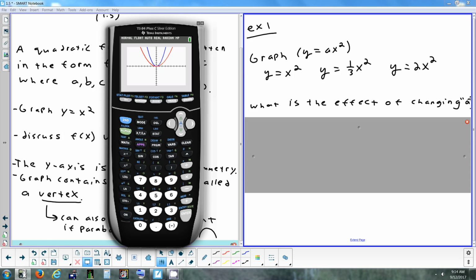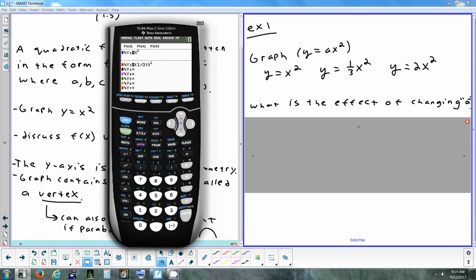In which direction? Both the right and left. Yeah, horizontally. So it stretched out horizontally, or you can think of it as it compressed vertically. Imagine that blue parabola was flexible and you pushed down on the top of it and compressed it, it would squeeze out sideways like that.